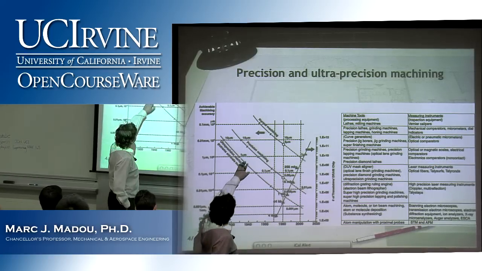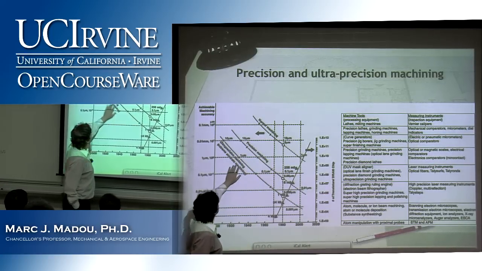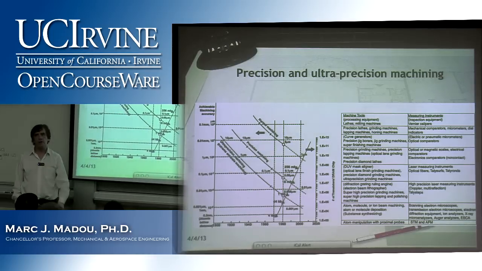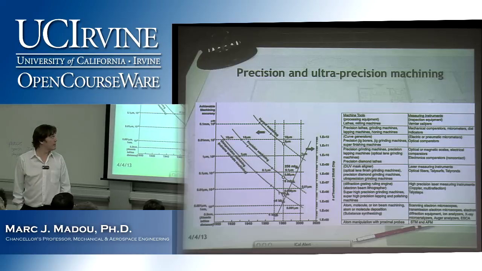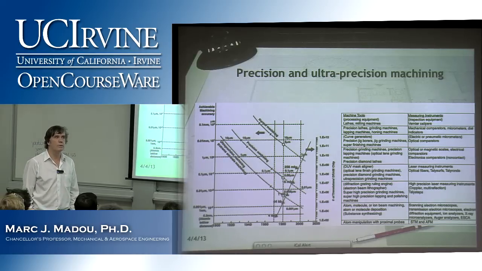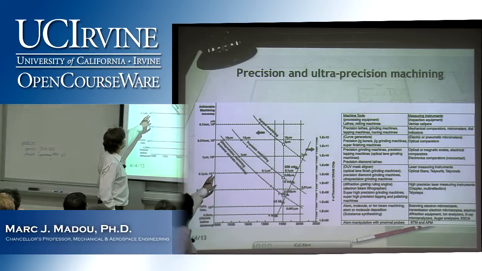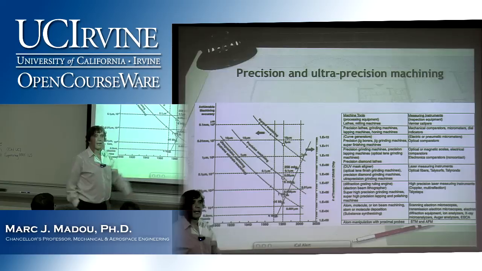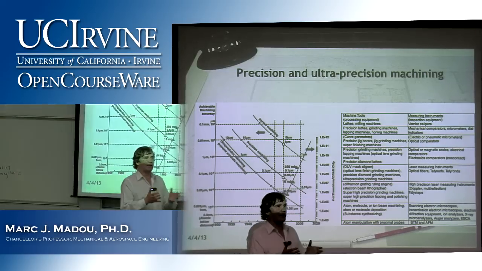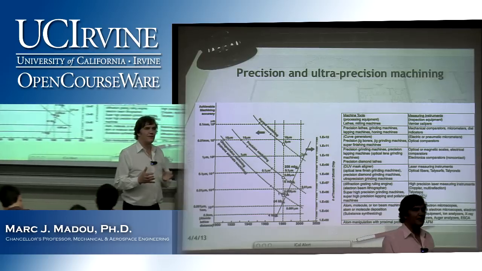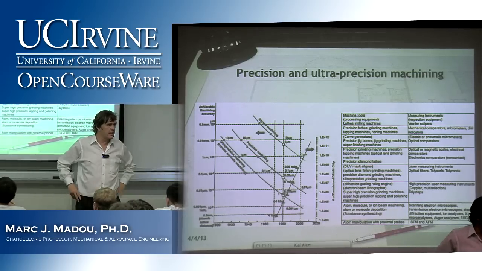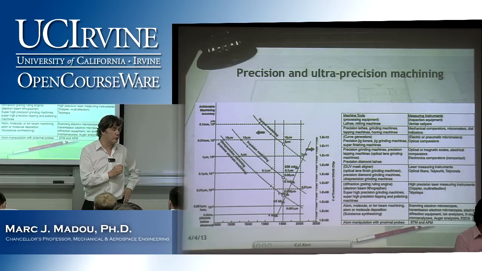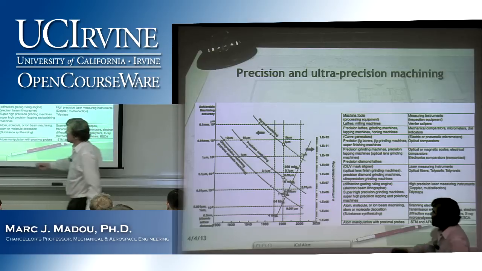Next comes precision machining, and then ultimately, and that's what we'll talk about a little bit for the rest of this class number 2, this is the so-called ultra-precision machining. That is where you really go all out. Very expensive, very good vibration-free tables, the best machining tools, etc.